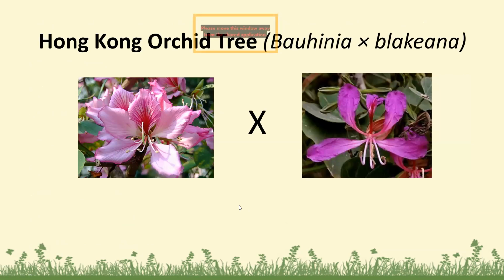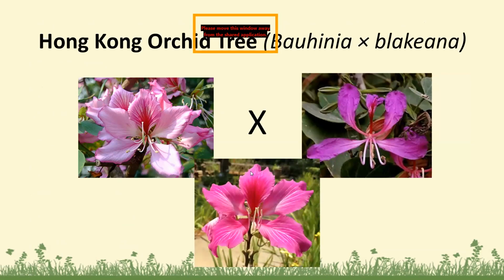Another interesting thing about this plant is that it's a hybrid, and I think it's Bauhinia variegata, and I can't remember what the other one is here, but basically it is the product of this hybridization, and it's sterile. You kind of have that mule effect where the chromosomes are an odd number, and this plant cannot create any new plants from its seeds, if it even can produce seeds.